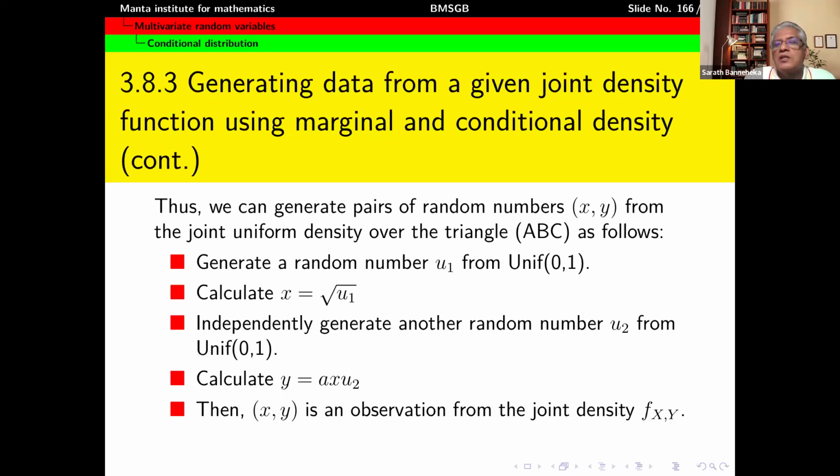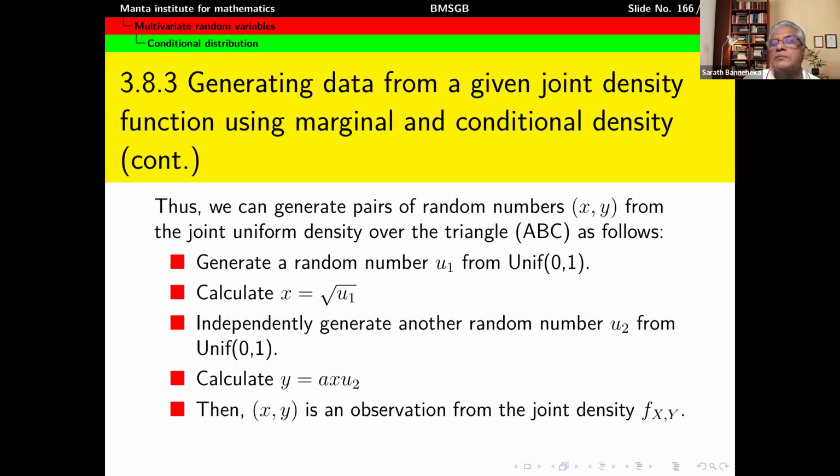So, using the marginal CDF of x, first of all, we can generate some random number simple x coming from that marginal density of x. Right. Starting with uniform, transform that uniform random number using the inverse of the marginal CDF, and the resulting value will have the density function of x.